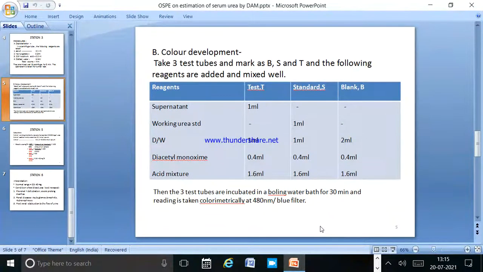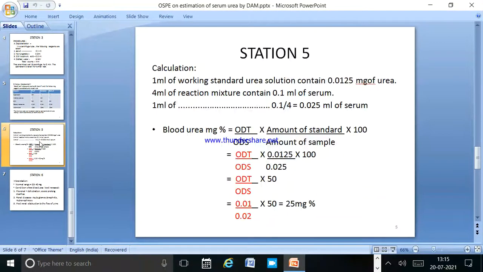After measuring the optical density, we will be able to find out the blood urea concentration by using the formula: blood urea mg% equals ODT upon ODS multiplied by amount of standard upon amount of sample multiplied by 100.